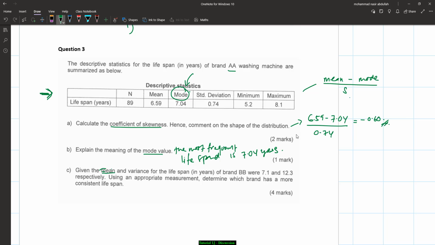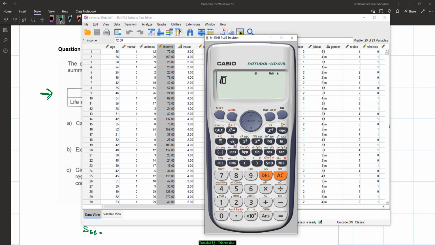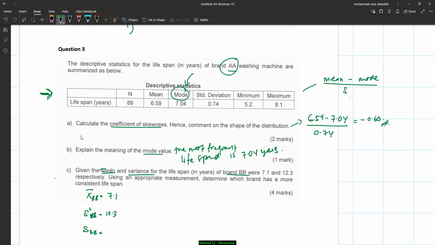So given the mean and variance of lifespan for brand BB, so this is brand AA, BB is 7 point, so X̄BB is 7.1, and the variance S²BB is 12.3. So SBB should be equal to square root of 12.3, which is 3.51.